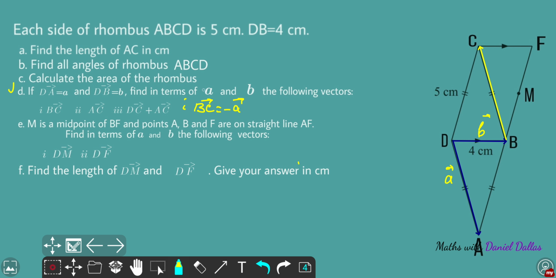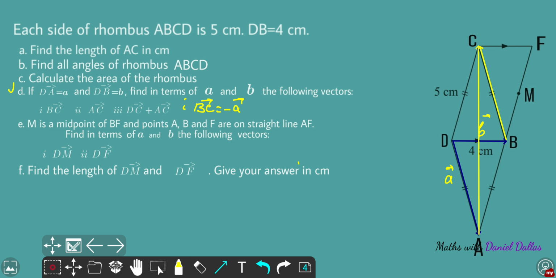Okay. What about AC? That was part one, so part two is AC. Let's figure out AC. Okay. That's from here to there. So this is AC. And in this case, I think we need to complete the vector equation. So let's consider AC.